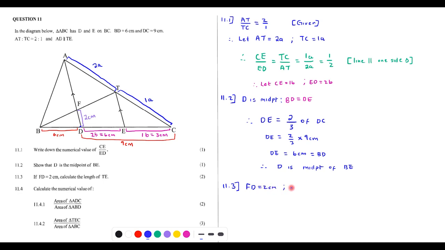To find that, we say BF over FT is the same as BD over DE, which is 6 centimeters over 6 centimeters, and that equals 1.